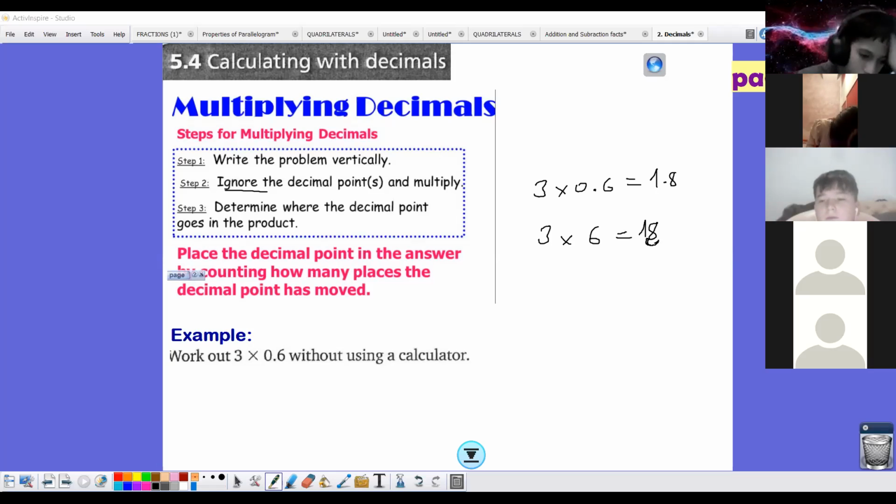Yes, almost done. Doni, are you writing? Teacher, should we write the pink word, place the decimal point in the answer? No, no. Done. Okay, teacher. Product.